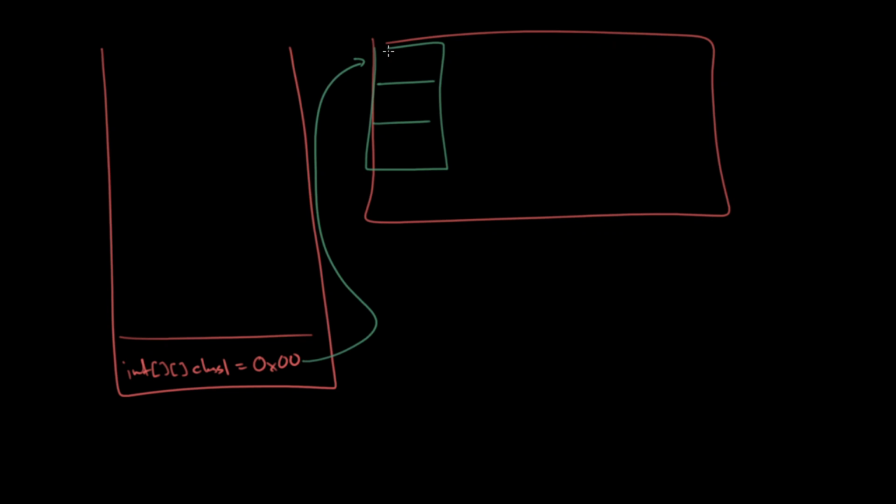Now, what's actually contained inside of that array is another set of memory addresses. In this case, I have student 1, which equals a memory address again. And I have student 2, which equals a memory address. And then student 3, which equals a memory address.